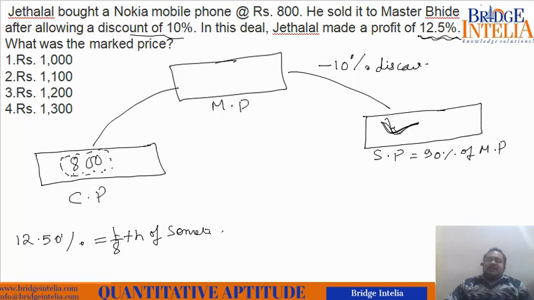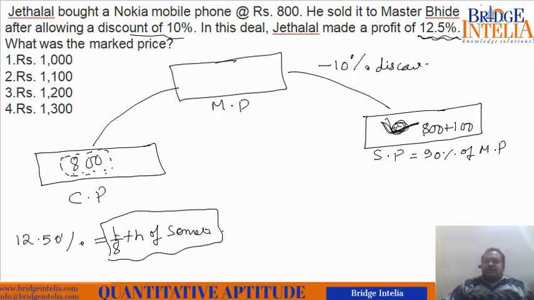His investment is 800, so 1/8 of 800 means a profit of rupees 100. So Jethalal finally got 900 rupees from his customer, because he made a profit equal to 1/8 of his investment: investment of 800 plus profit. So the customer paid him 900 rupees.